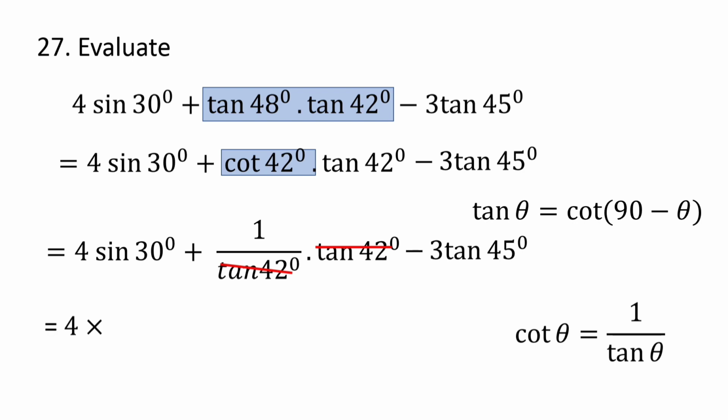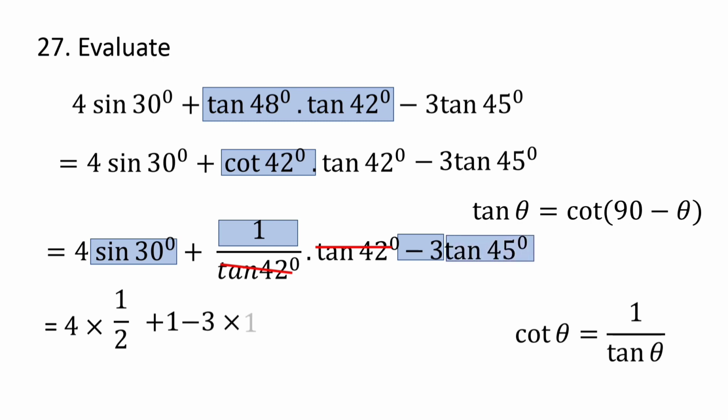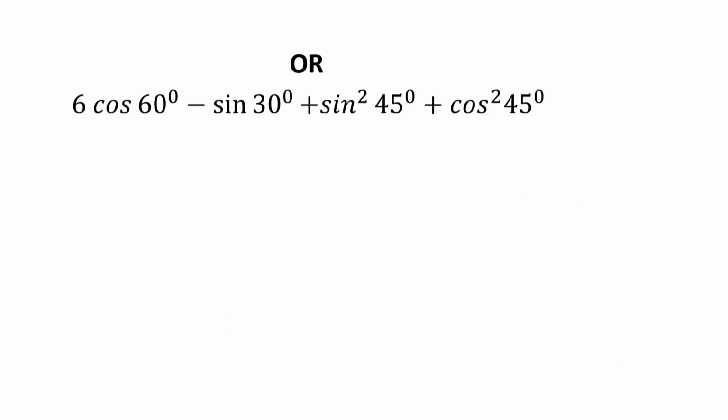That is equal to 4 into sin 30 is half, plus 1, minus 3 tan 45 is 1. Here 2 1s are 2, 2 2s are 4. 2 into 1 is 2, 2 plus 1 is 3, 3 minus 3 is equal to 0.